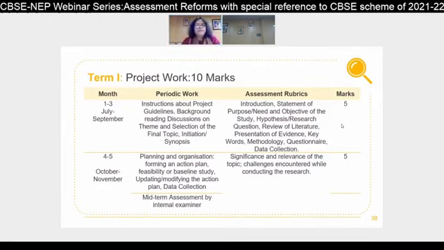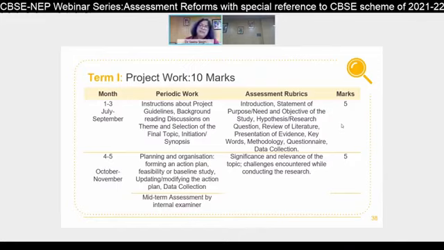Preferably, from July to September, you can use these months for instructions about project guidelines, background reading, discussions, selection of the topic, and initiation synopsis. The next 2 months, October and November, can be devoted to planning and organization, forming an action plan, feasibility study, and data collection.